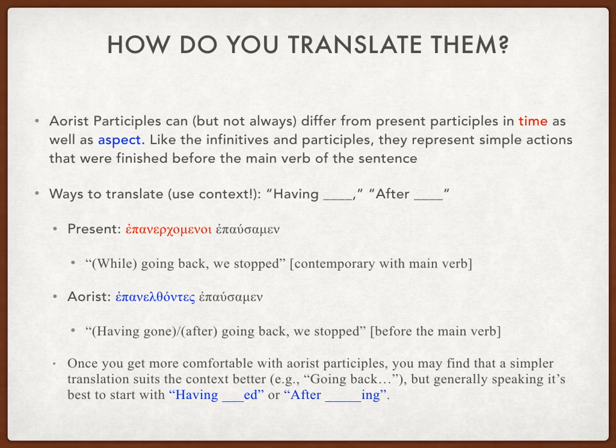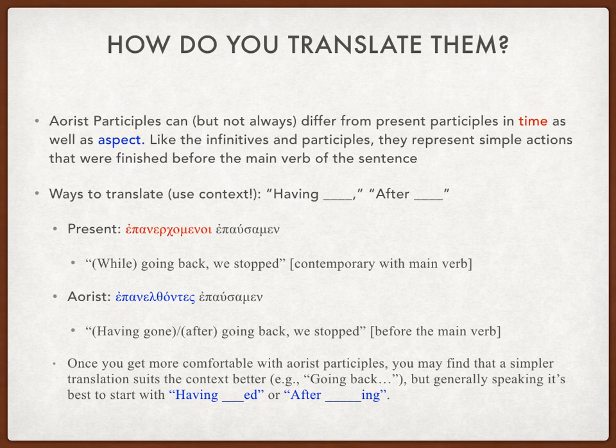So once you get more comfortable with these aorist participles, you'll eventually find some smoother ways to translate these, like "going back," for example. But generally, the thing I want you to remember, the easiest way to handle an aorist participle, and I typically do this in my own translating to just get the sense of the Greek, is to use either the phrase "having done something," like "having gone" or "having walked," or "after blanking," "after going back," "after walking back," something like that.